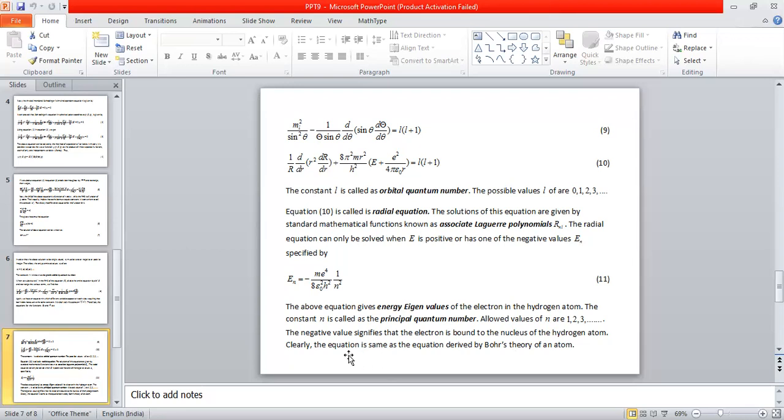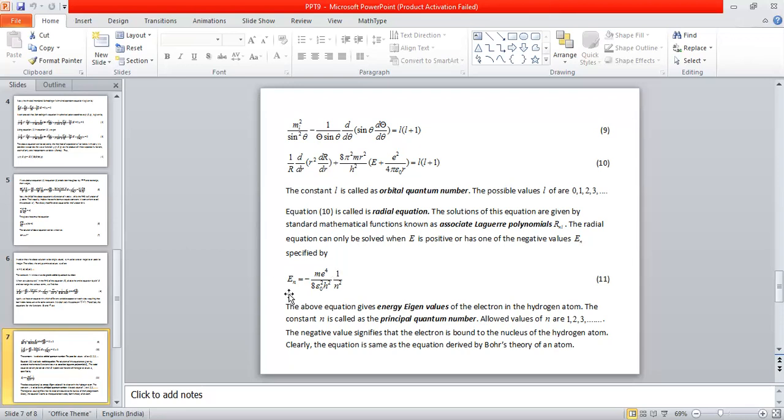Energy should be negative; only then does it correspond to a bound state. The hydrogen atom is an example of a bound state: the electron is bound to the nucleus, the proton, and is not escaping from its influence. So such bound systems can have only negative values of energy.